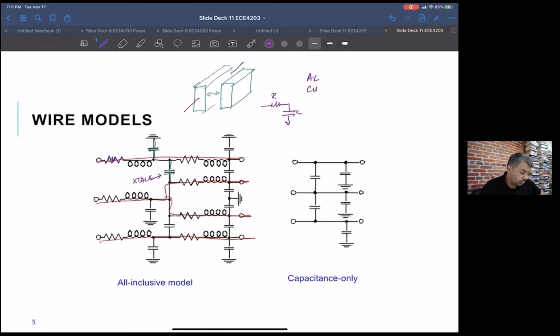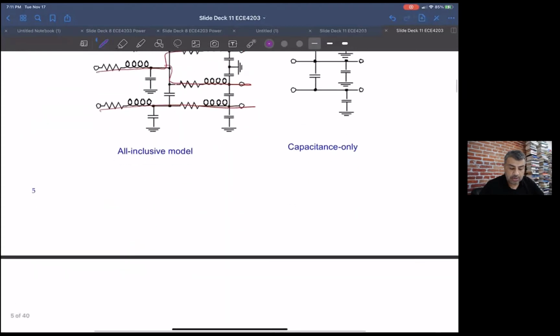Off chip, you usually cannot, on your printed circuit boards, etc. You cannot ignore inductances, just because the inductance values are higher, the distances are longer, and so even for the same speeds, you have to be worried about inductance. But on chip, it's really more of an R resistance and capacitance type of consideration.